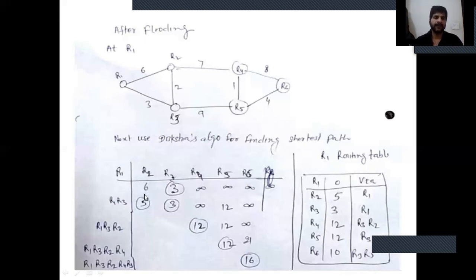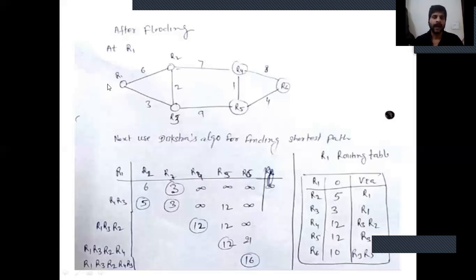First we write the costs: R1 to R2 is 6, R1 to R3 is 3, and there is no direct path from R1 to R4, R5, R6. So we take the distance of R4, R5, R6 as infinite or undefined. Now we use the minimum distance router, which is 3.